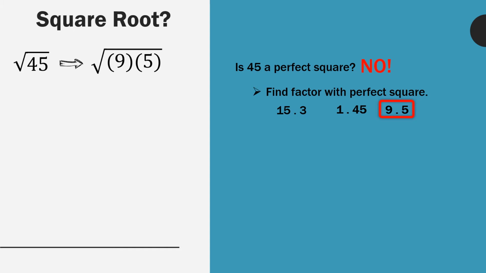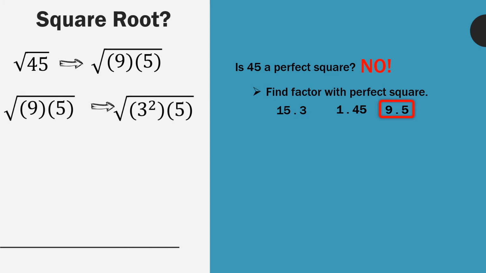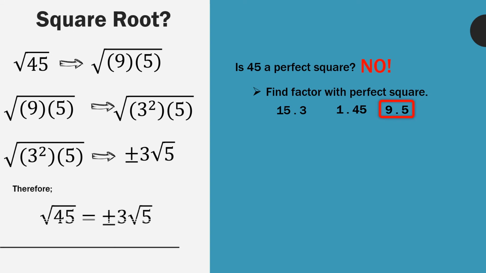So, naa na siyang 9 times 5. Again, we copy. Then, write it into its exponential form. So, you will have, since square root of 3 squared is 3, the result is, square root of 45 is equal to positive and negative 3 square root of 5.